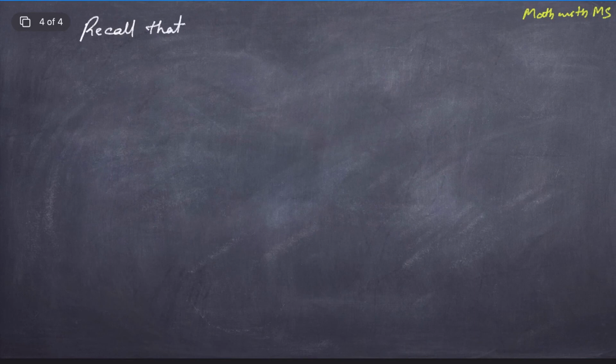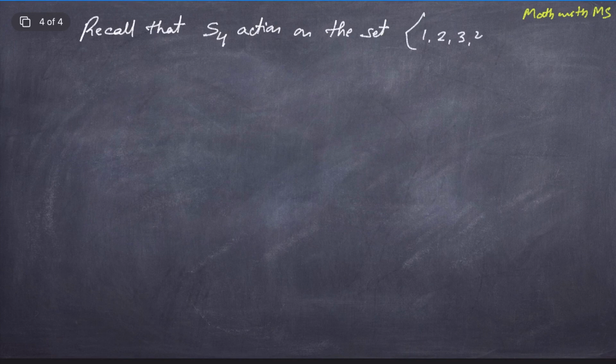Recall that the S4 action on the set 1 2 3 4, the underlying set of which it is a permutation group, is 2 transitive. In fact it is k transitive for each k from 1 to 4. We showed that in lecture number 9.